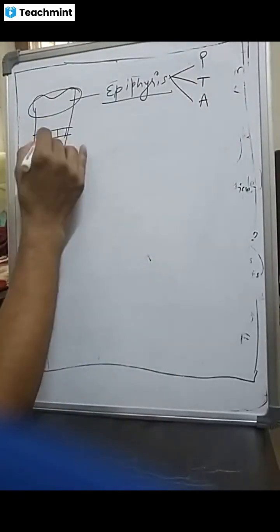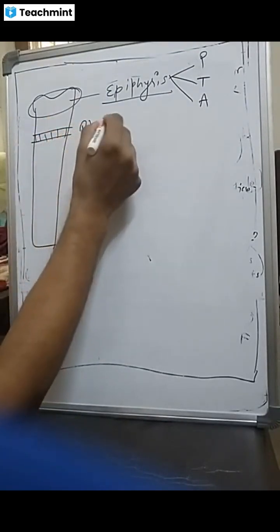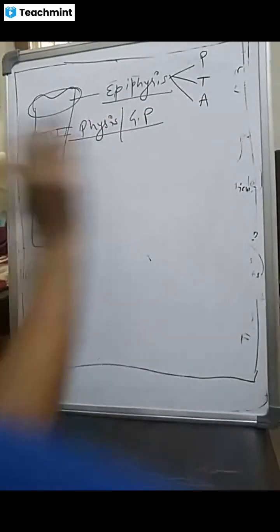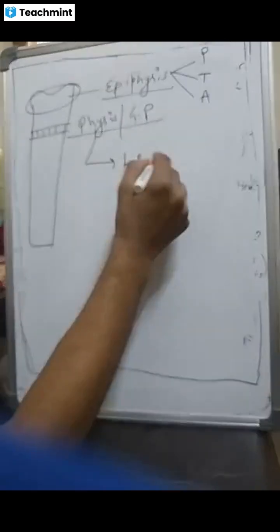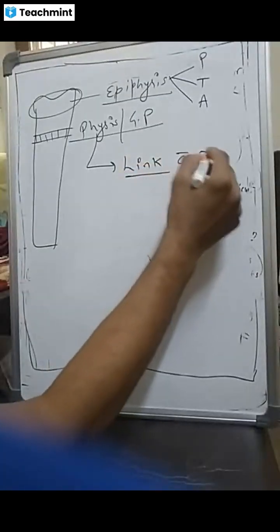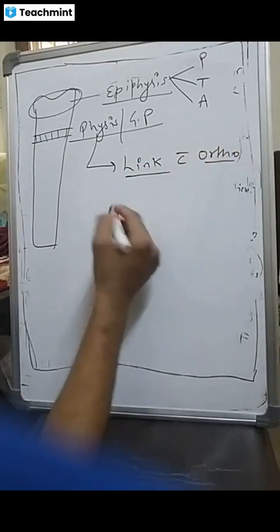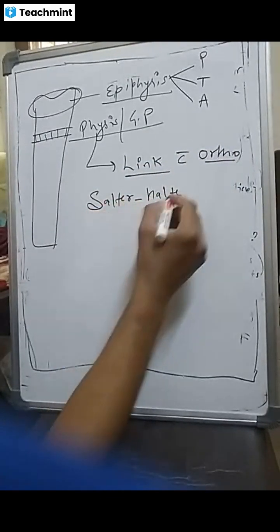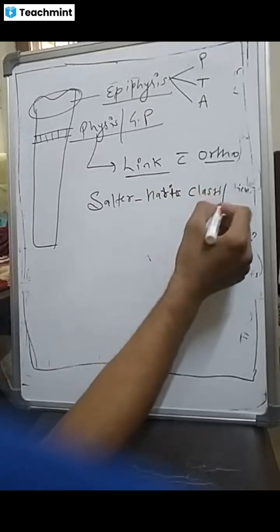Come to this structure. Just below the epiphysis is the growth plate. Related to this, it has a link with your ortho surgery. There is the Salter-Harris classification.